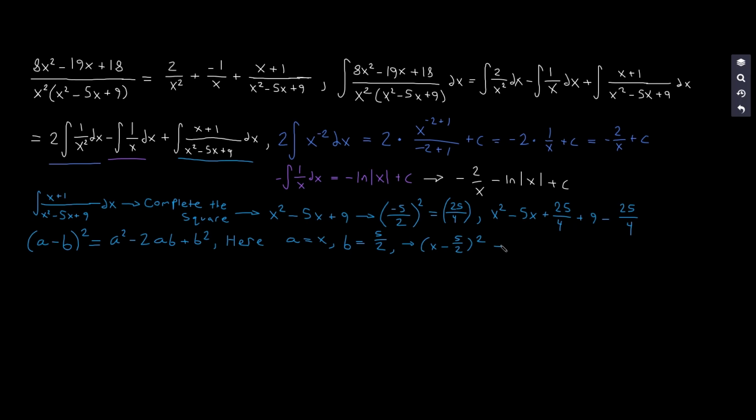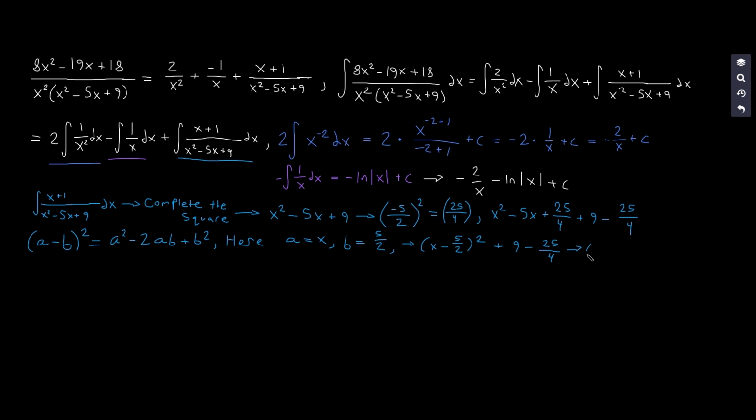So we'll have plus 9 minus 25 over 2. Excuse me, 25 over 4. Okay, this is going to be, yeah, x minus 5 halves quantity squared plus 9 minus 25 over 4.